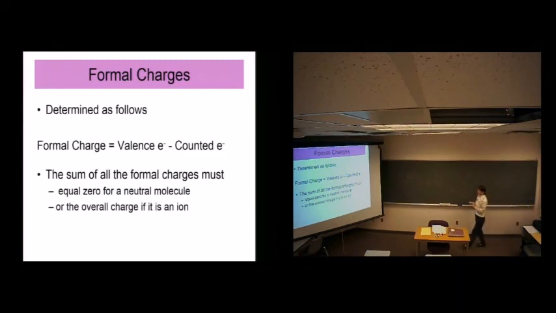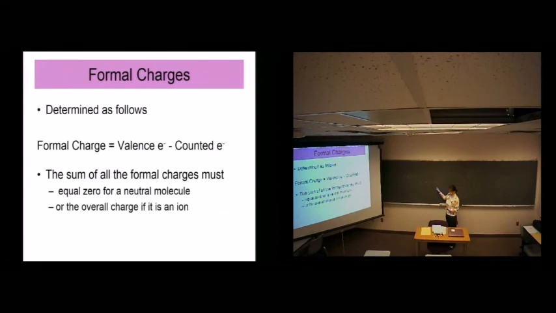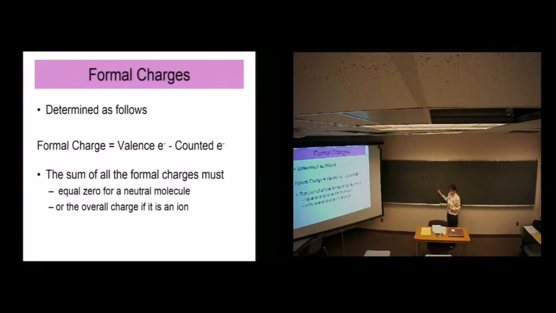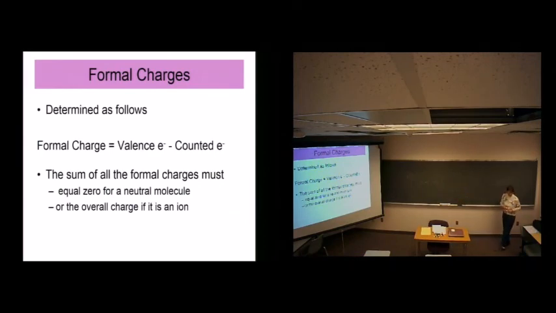All right, now just for practice, tell me what is the formal charge for bromine here? We already drew the Lewis structure, so now I want the formal charge for bromine. How would you figure it out?